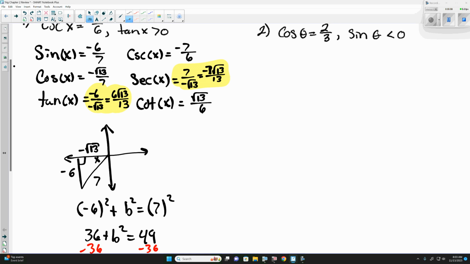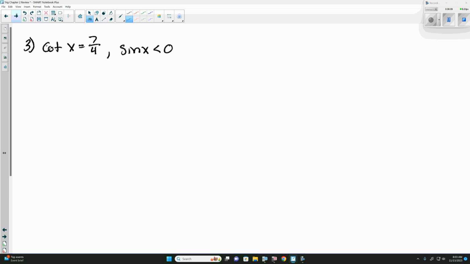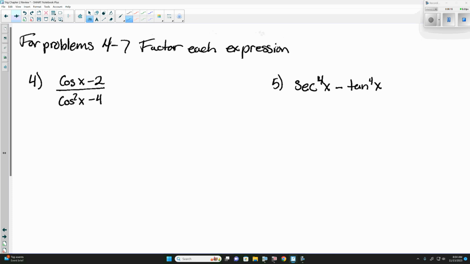Well, we can also know that the negative and negative for tangent would have been positive, and we could have gone from there. Questions on 1 or 2? Question on 3. So those are the same. If you do have questions, we can come back over them.